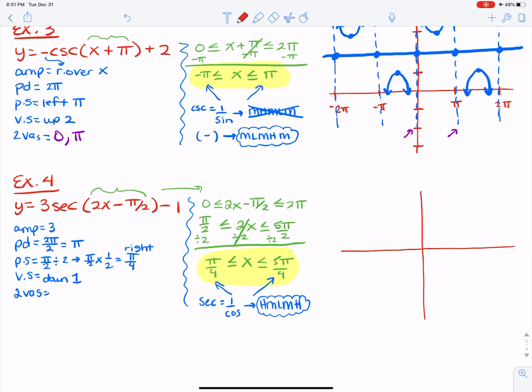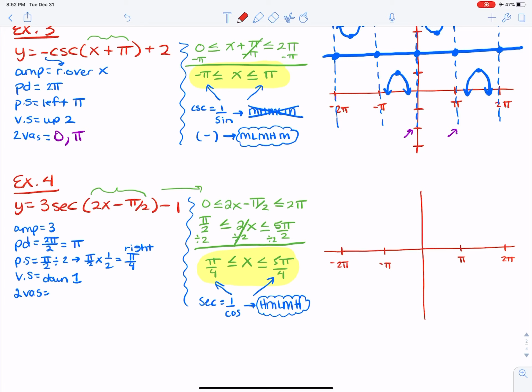Okay, so the graph for this: pi, 2 pi, negative pi, and negative 2 pi. All right, let me move this dot over just a little bit. It looks a little awkwardly spaced. Okay, there we go. Now we need an amplitude of 3, but it's also got to go down 1.